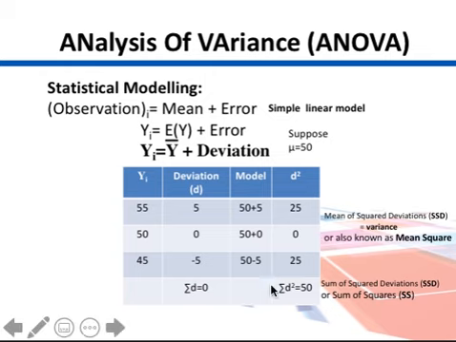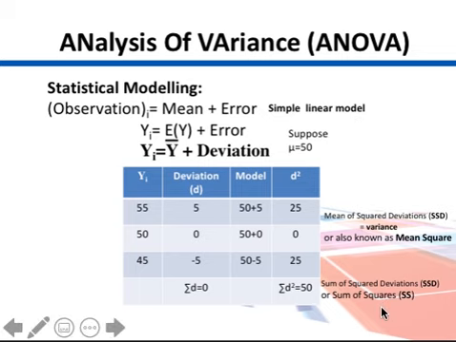If we take the mean of those squared deviations, the average of the squared deviations divided by the sample size, how many replicates we have, that is the variance. We can also call it mean square: sum of squares divided by the replicates, or sample size, or how many numbers you are using to calculate those sum of squares.